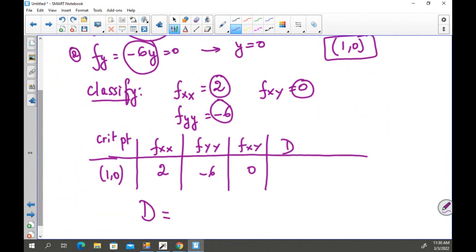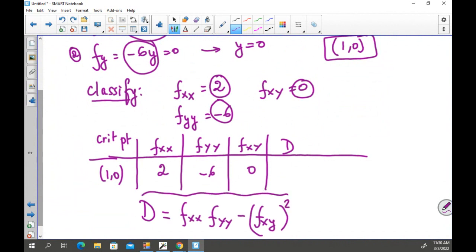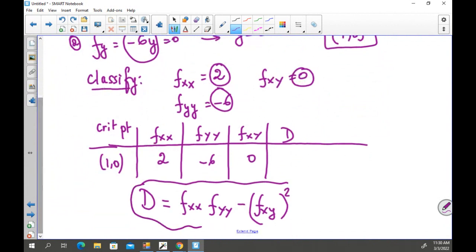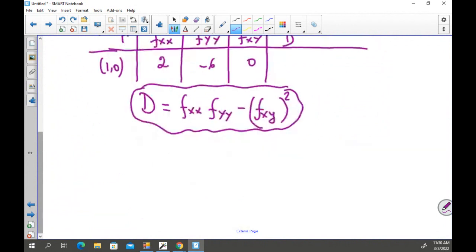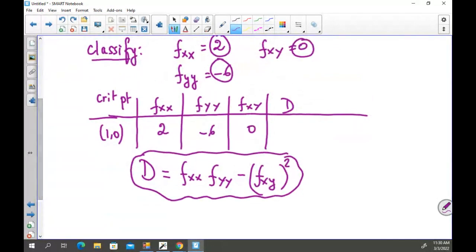Very important. You need to know these rules, yes? It's fxx fyy minus fxy squared. This is the D, the discriminant. Okay, the D here is minus 12.